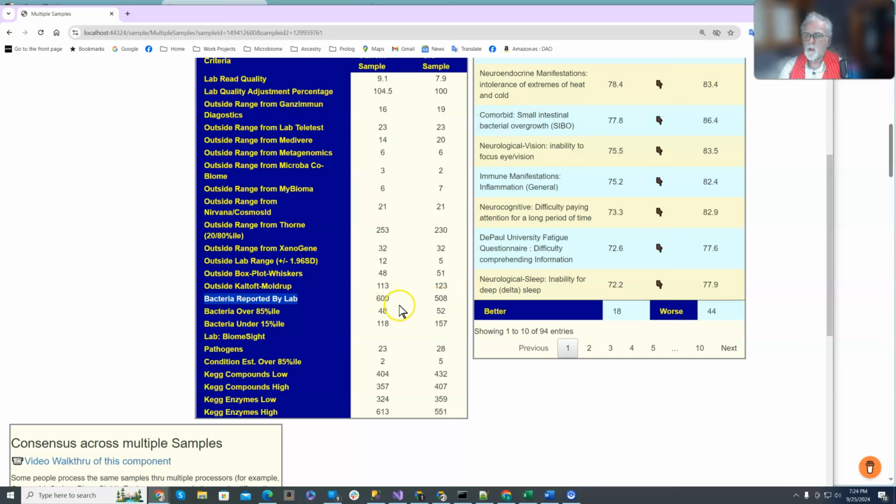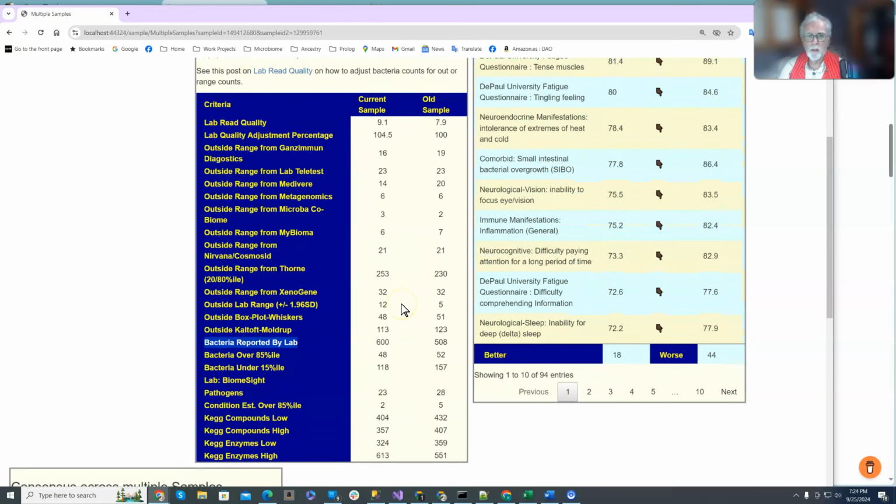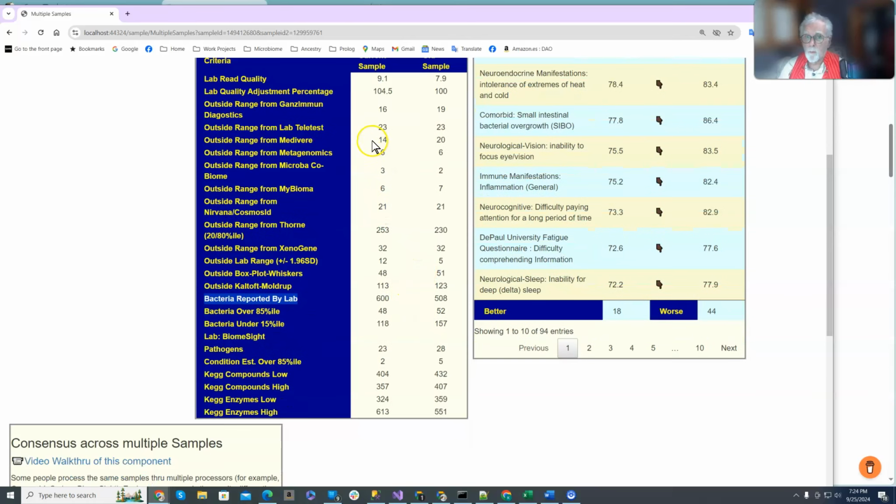In other words, he has 20% more bacteria types, which means that for most of the numbers here, if there was no change, you would expect these numbers to go up by 20%. So if they are the same, like here, probably means there's a reasonable chance there's improvement. If it has actually gone down, then there is a good improvement.